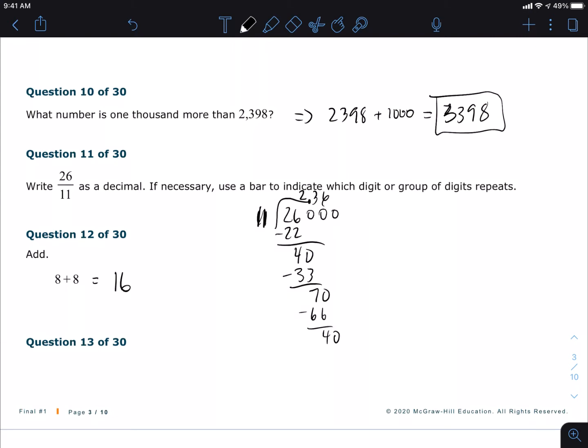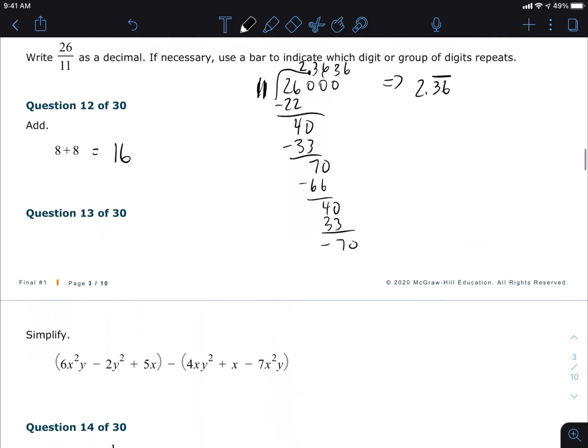Bring another one down. 3. And I bet you what's going to happen here, it's going to start repeating. So that's 33. There's 7. Bring down a 0. And then we see that that's going to be a 6. And so we know that we can write this as 2.36 with the bar over, because the 36 is going to repeat over and over again. Does that make sense? Yeah. All right, good.